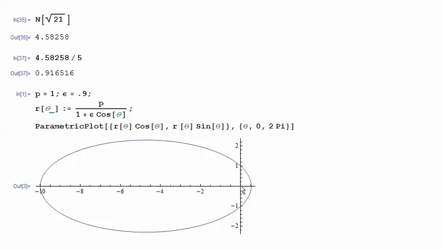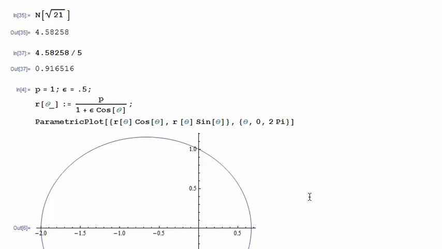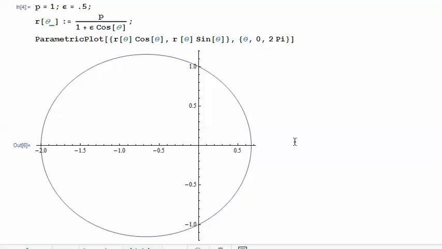Now this shows us that the focal point is right here, where the axis meets. Let's look at what this looks like with an eccentricity of 0.5. And now with an eccentricity of 0.5, it's hardly distinguishable from a circle.